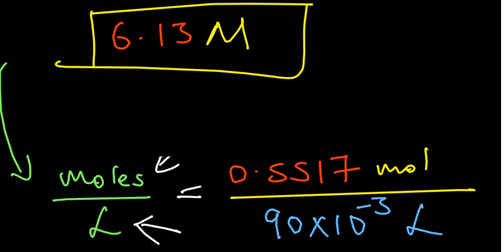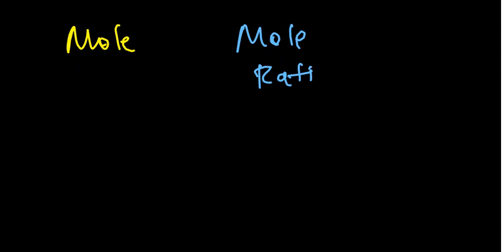So I said there are 3 things that I want you to understand as we build our understanding of stoichiometry. Who remembers what I said? There were 3 things I mentioned: moles, mole ratio, and limiting reagent.